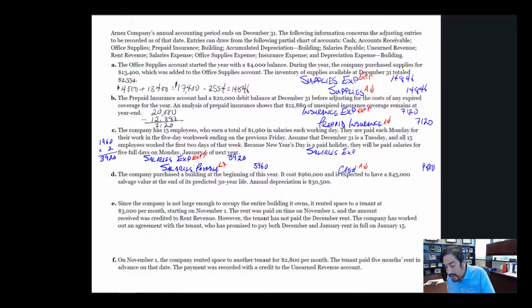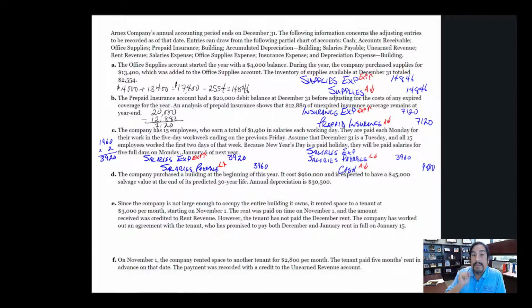So we are going to get rid of that salaries payable account that we created on December 31st. We're going to wipe out the entire $39.20 with a debit to salaries payable. That's a liability account that we are decreasing, so we're going to debit it for the whole amount. So we're going to wipe out everything in that account. That represents Monday and Tuesday of the work week.